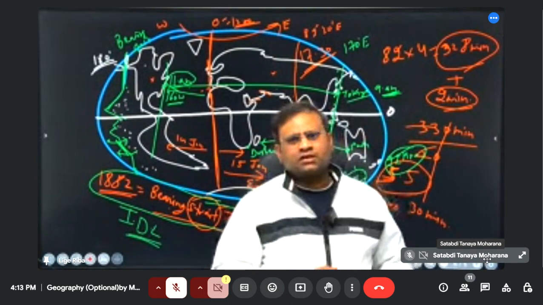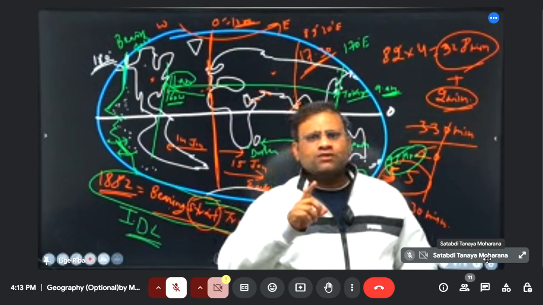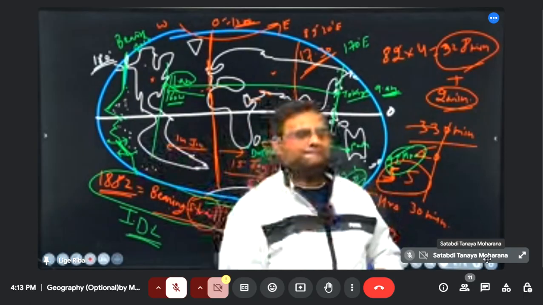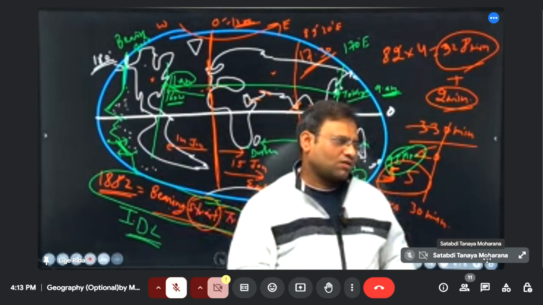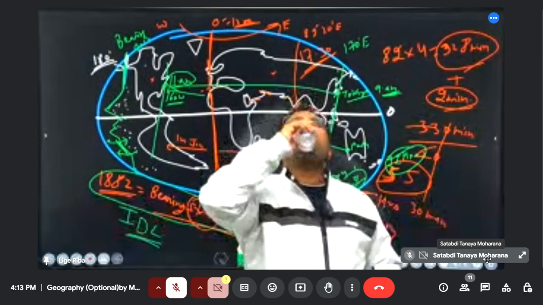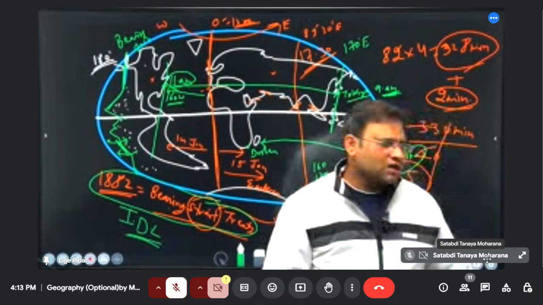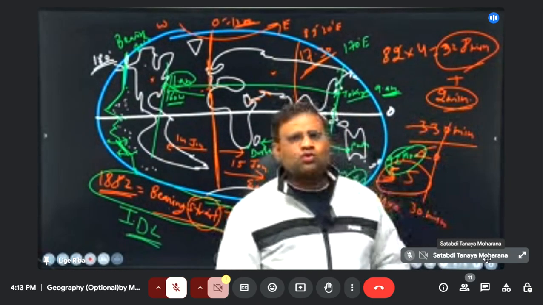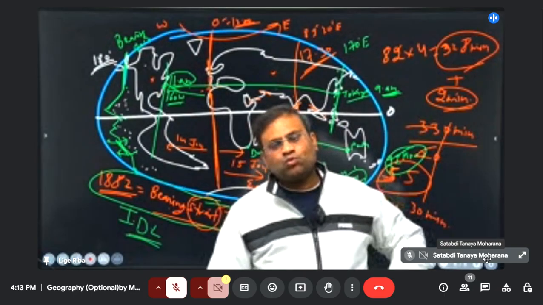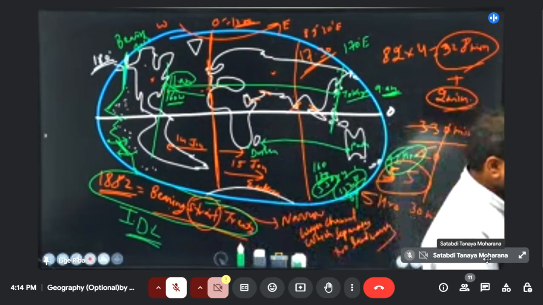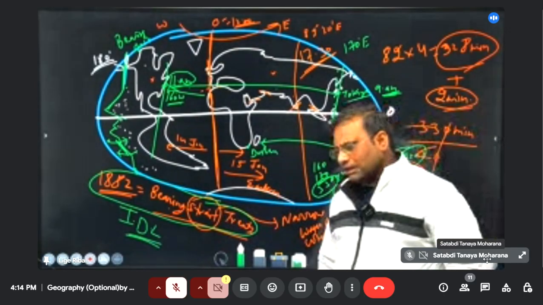Next: sun shifts towards east side usually. Next: sun shifts towards west with double rate.